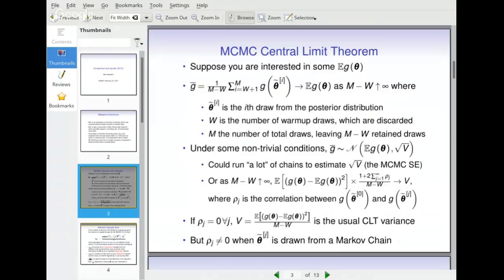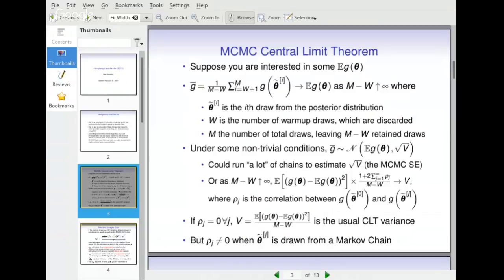And so if one draw of the Markov chain was independent of the next one, all these rho quantities that we have the infinite summation of would all be 0. And the variance would just be the variance of the function divided by the number of draws that you're averaging over, which is how it gets its name. That would be the same phenomenon that you see with the central limit theorem for frequentist statistics.